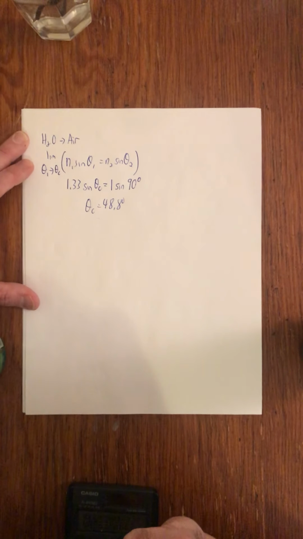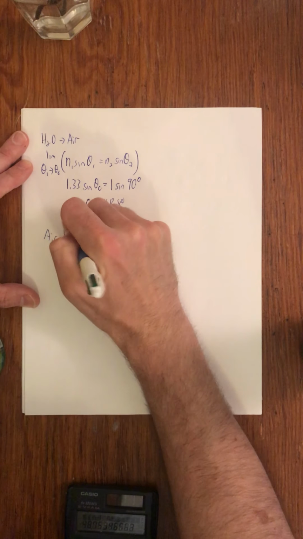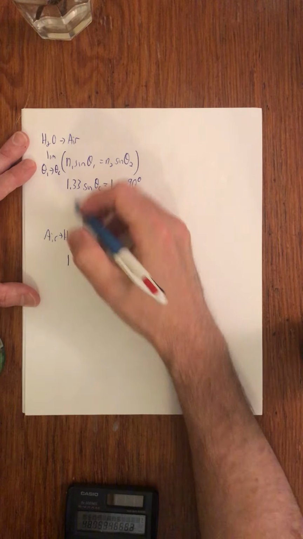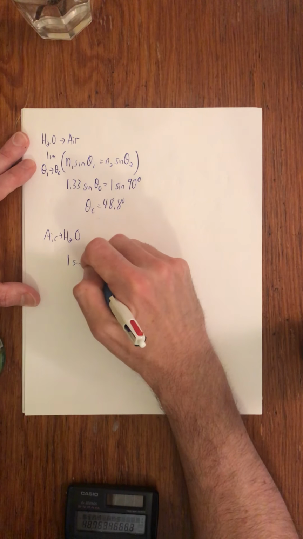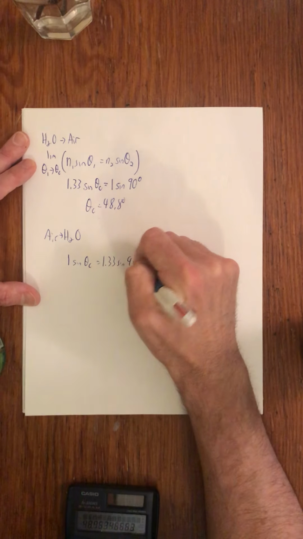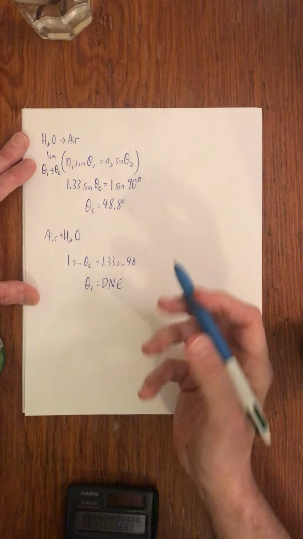There we go. So, well, what happens if I try to go from air into water and I try and calculate the critical angle? Well, that becomes 1 sine of theta c, if I do that same limit, is equal to 1.33 sine 90. And if you do this, you get theta c equals does not exist. Well, what does that mean?